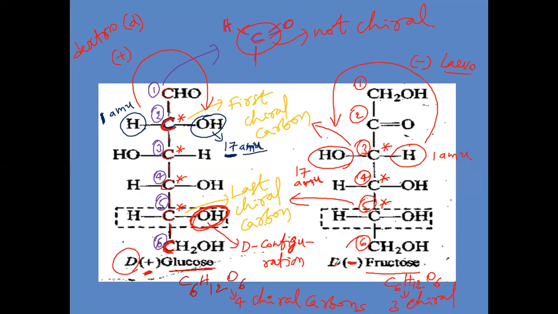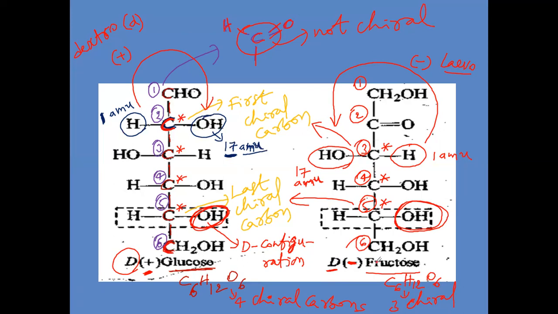Why D here again? The last chiral carbon of fructose has the OH group on the right side. If the OH group is on the right side of the last chiral carbon, that structure will have D configuration. So D minus fructose.